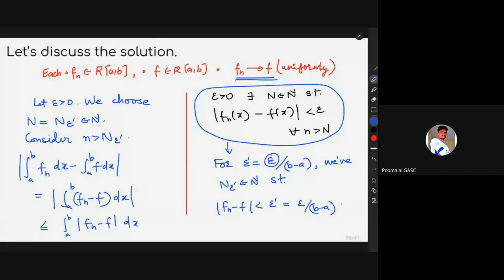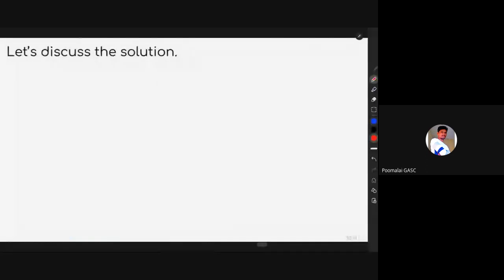In particular I'm using the fact that the modulus of the integral of f dx is smaller than integrating a positive valued function, the modulus of f, over the same domain.